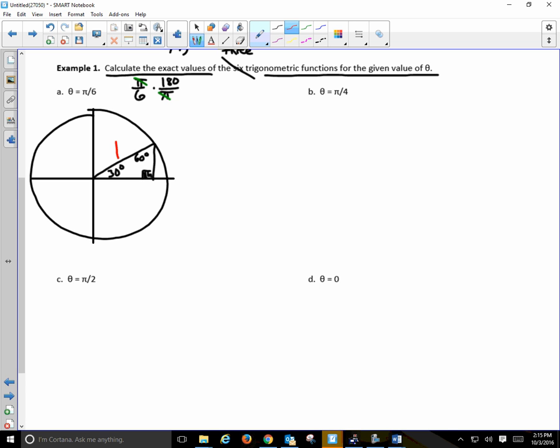Now, which side is shorter, the vertical side or the horizontal side? The vertical side, it's across from the 30, so it's going to be smaller. What do we do with that 1 to get the shortest side? Divide it by 2, so we get a half. Very good. What do we do with the shorter side to come up with the longer leg?